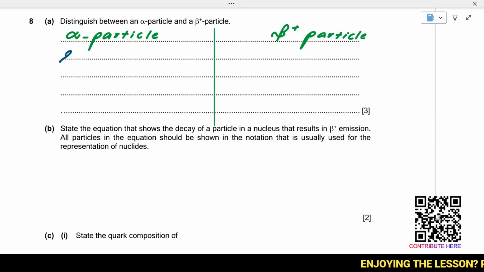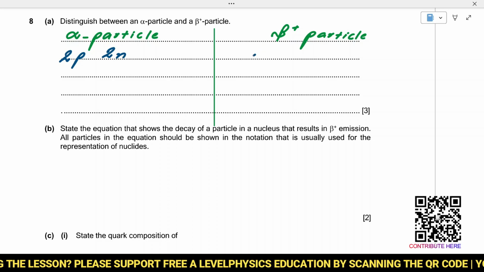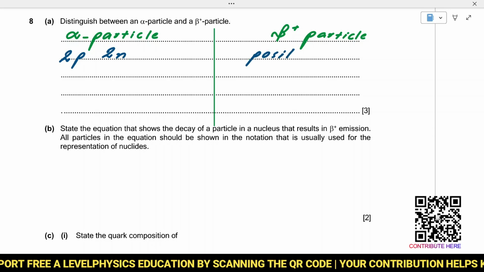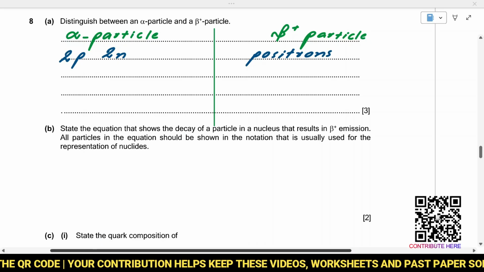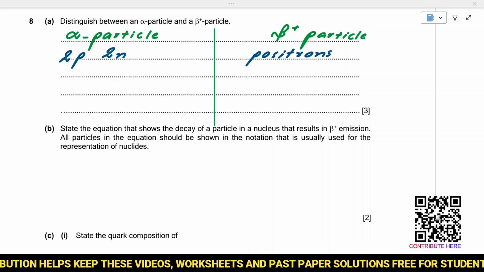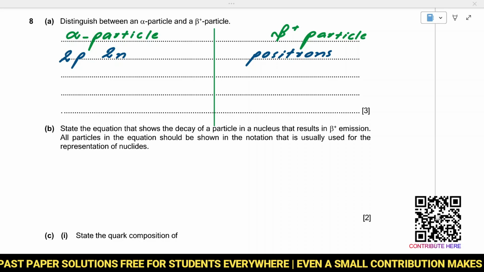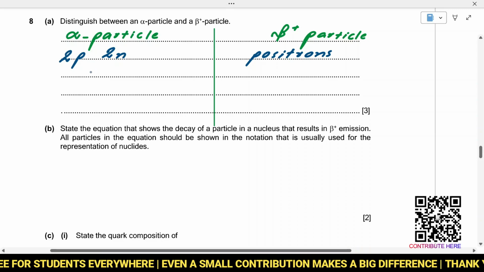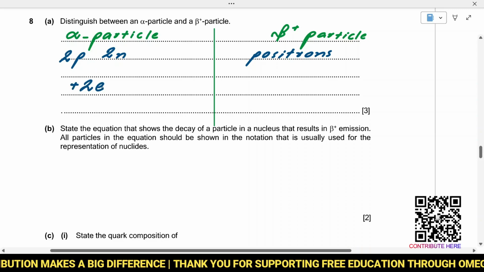So alpha particles have two protons, two neutrons. Beta positive particles are basically fast moving positrons, or anti-electrons, or positive electrons, we also call it. Alpha particles have a relative charge of plus 2e.